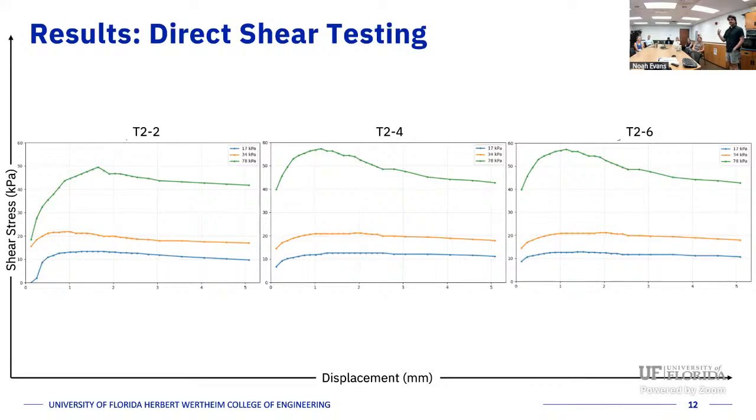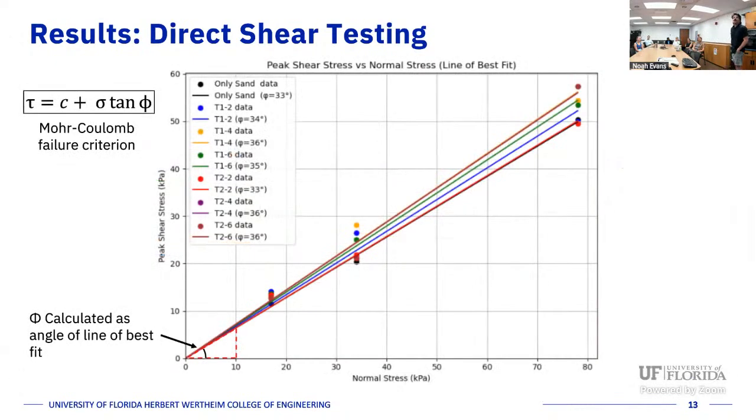And this is what we will use to compare, using what I'll explain next, which is our Mohr-Coulomb failure criterion. This is a way that we can describe the shear strength of the soil using the cohesiveness of the soil, the normal force applied to it, as well as the internal friction angle. Because we're working with sands, our cohesion is usually considered negligible, which we assumed in this case.